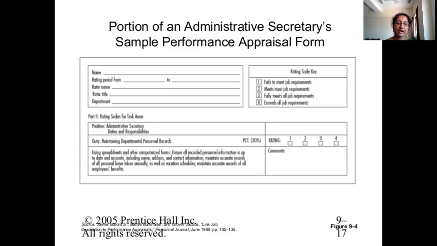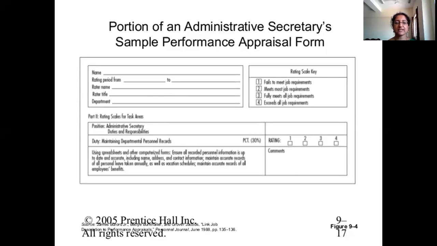Here is a situation where you're trying to rate an administrative secretary on her job duty of maintaining departmental personal records. So in order to understand what her job duty is exactly, a little description is given regarding her job duty. It involves using spreadsheets and other computerized forms and ensuring all recorded personal information is up to date, including name, address, contact information, etc.